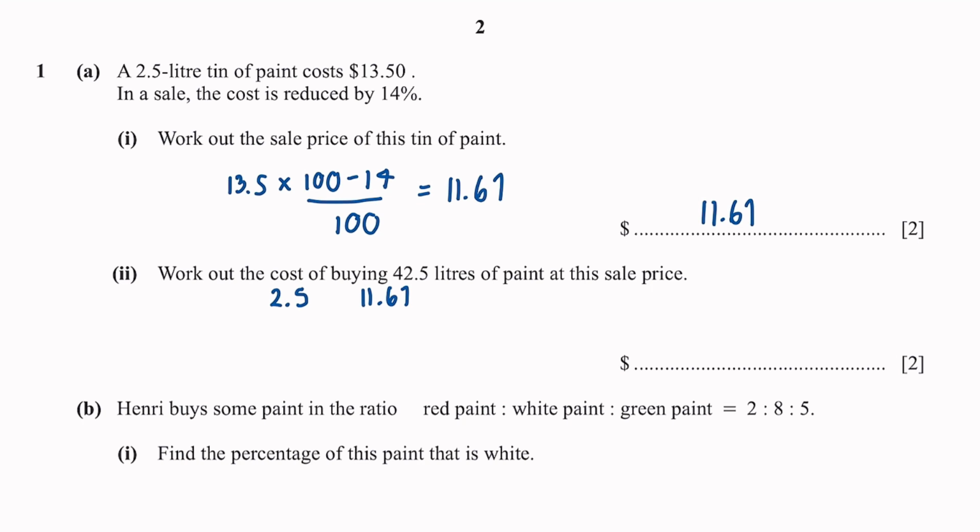Therefore, 42.5 liters will cost 42.5 multiplied by 11.61 over 2.5, which will give 197.37. This is your answer.